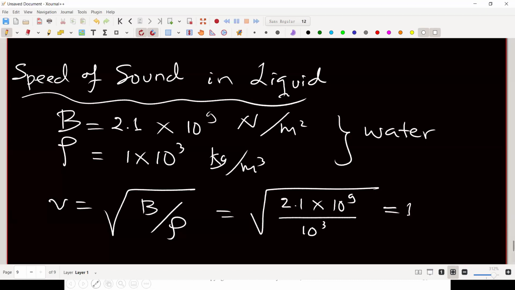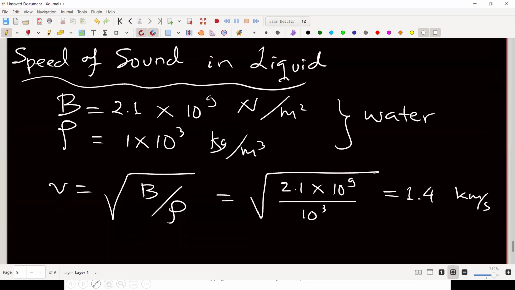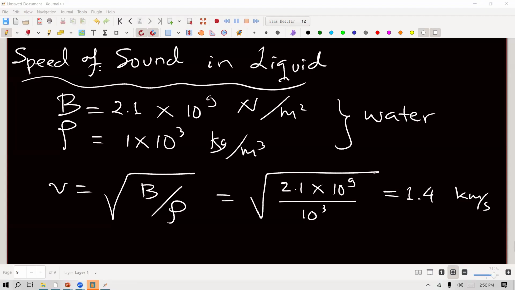I think this one is around 1.4 also, in kilometer per second. Okay, this one is speed of sound.